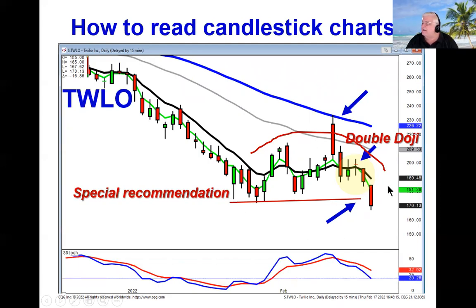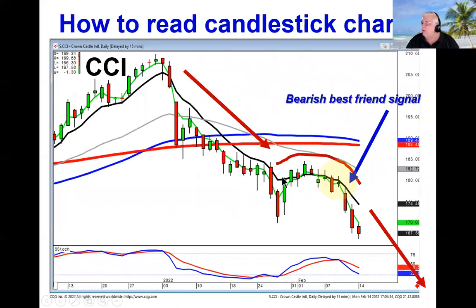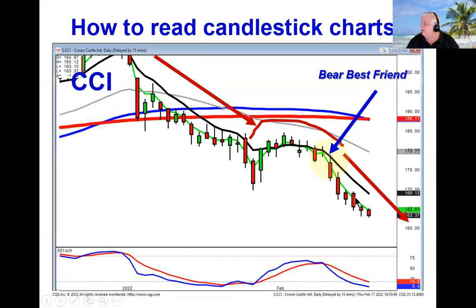So anytime we can see that the markets are producing these types of patterns, and we can see that same pattern occurring in individual stocks, our recommendation last week on CII was look at your bearish best friend. And if the market is in a downtrend, same scenario, wave 1, wave 2, the likelihood of wave 3 was going to continue this trend as long as there wasn't a major change in the overall market.